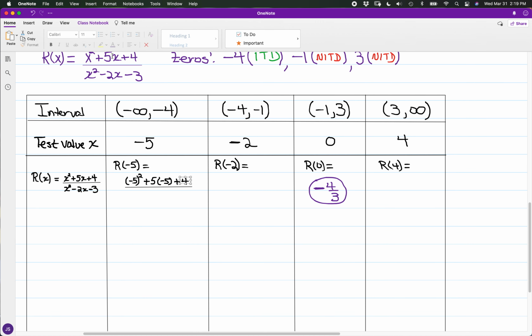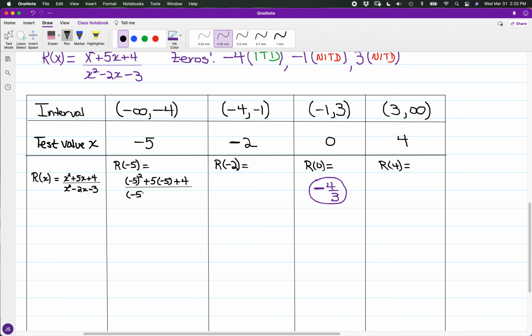And in the denominator, I have -5 squared minus 2 times -5 minus 3. Notice we don't have any negative signs out in front of the x squared terms, so I'm going to square all of -5.